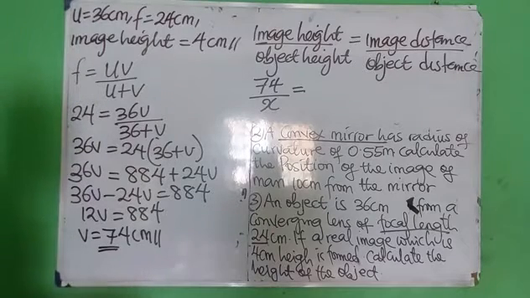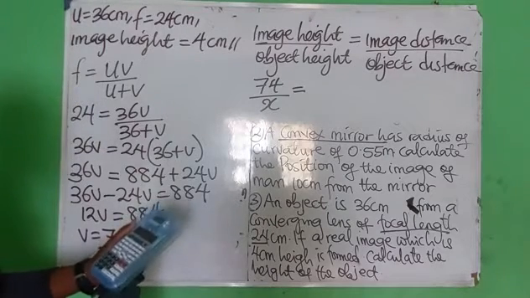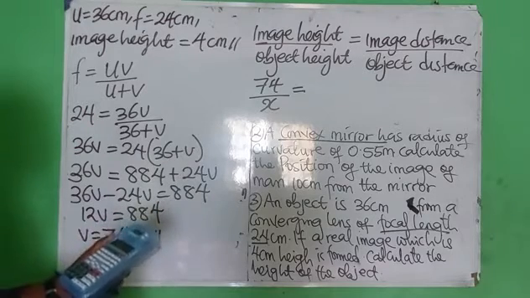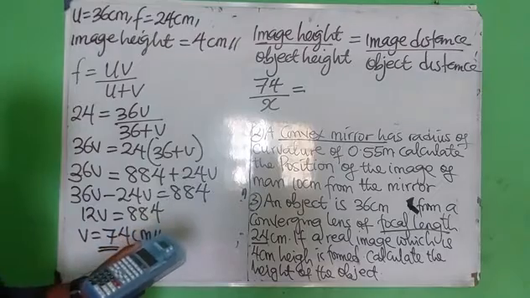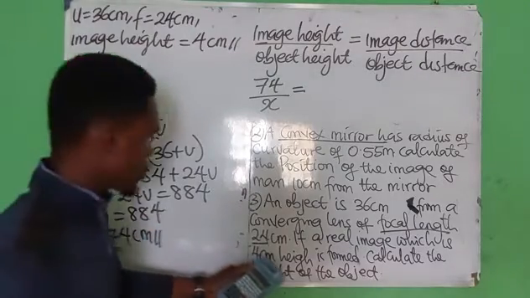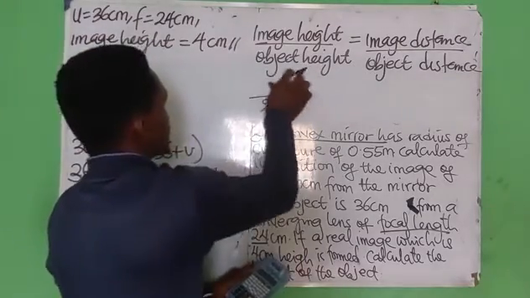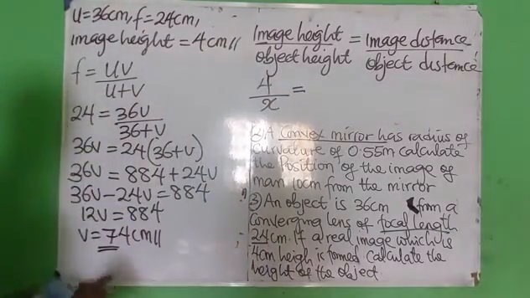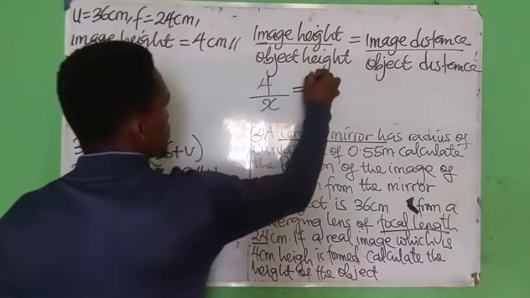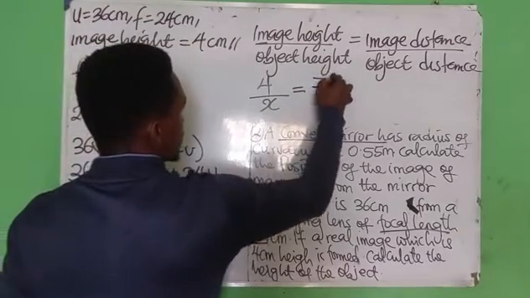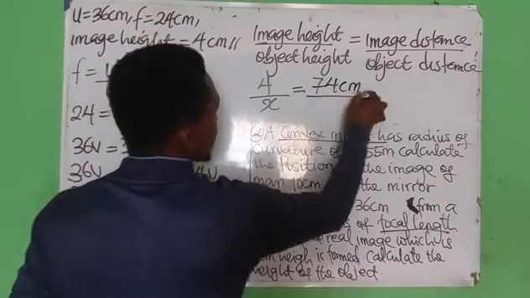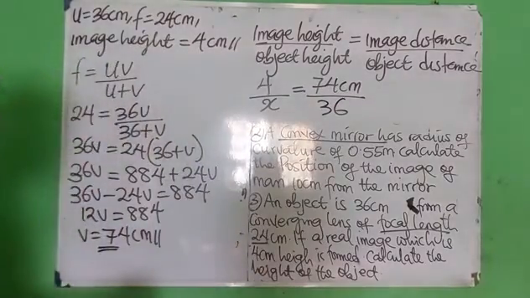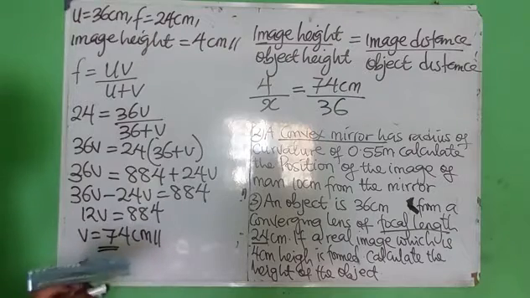If a real image is 4, then you now have 72 centimeters over object distance, which is 36. So it's very important you do this carefully.